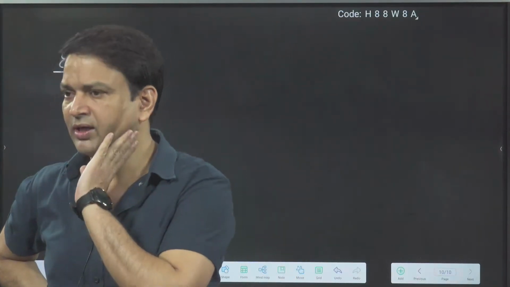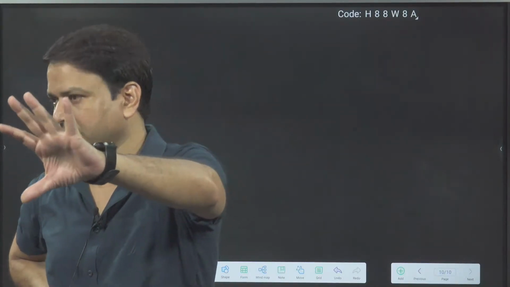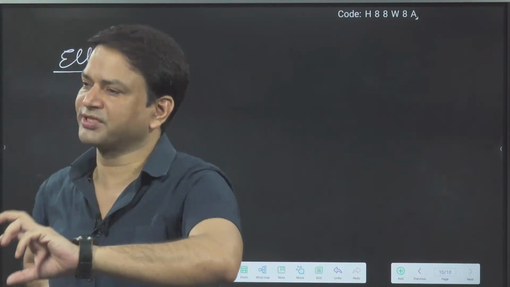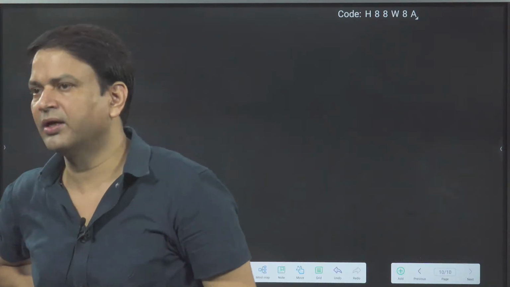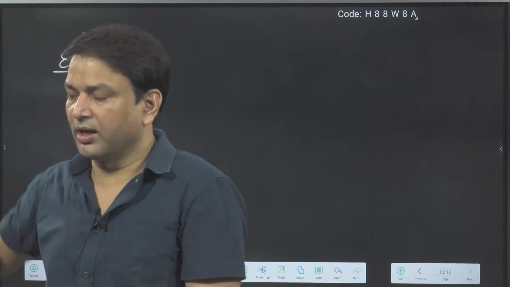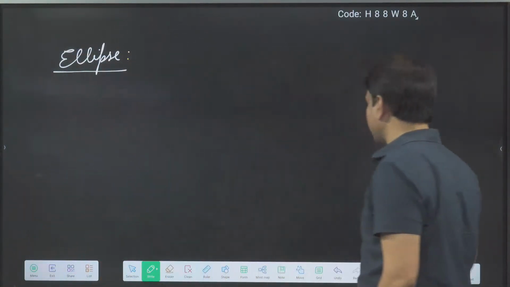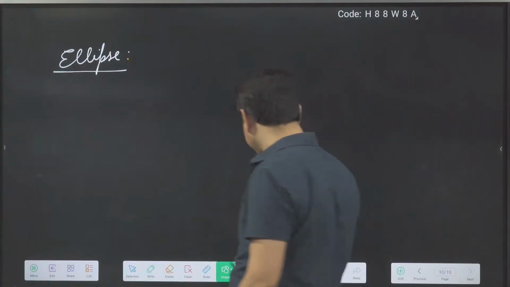In terms of graphs, we get an ellipse only in one place: in SHM, the graph between velocity and displacement. So on the basis of the equation, how can we decide the equation is an ellipse? Everybody knows the shape of the ellipse.